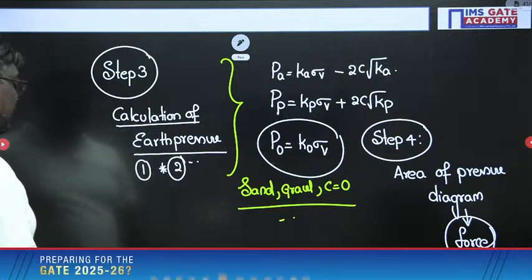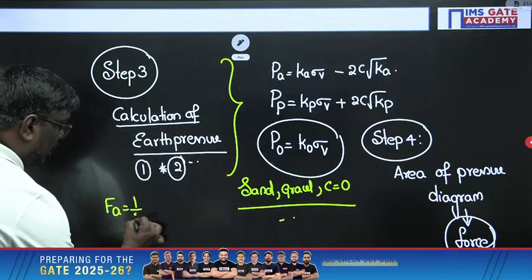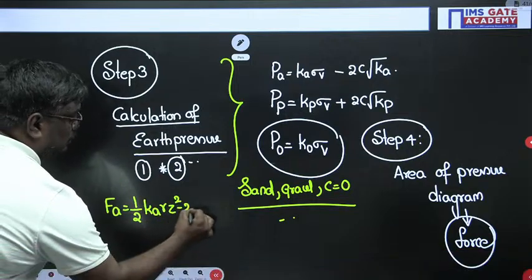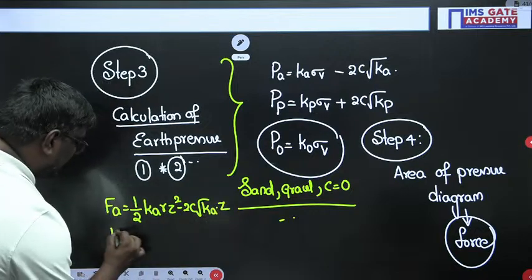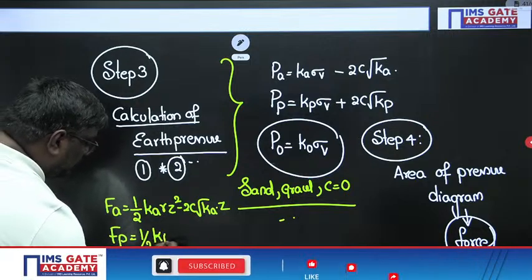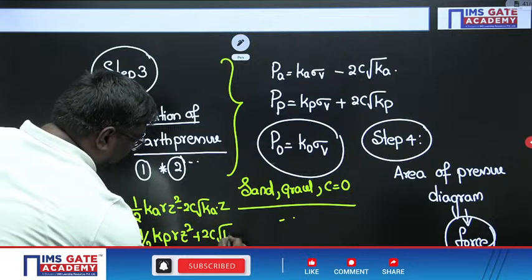Active force is given by the formula half Ka gamma z square minus 2c root Ka z, and similarly Fp is half Kp gamma z square plus 2c root Kp into z.